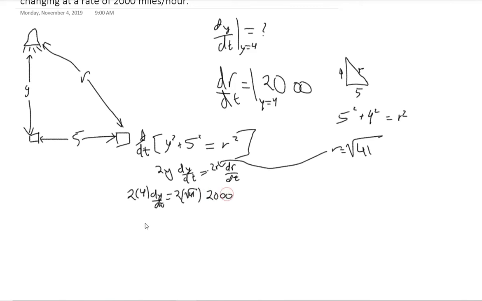Now we solve for dy/dt. This point is just algebra. We've already done the hard part here. I'm not even going to walk through the algebra, I'm just going to tell you the answer. It's going to be 500 root 41 miles per hour.